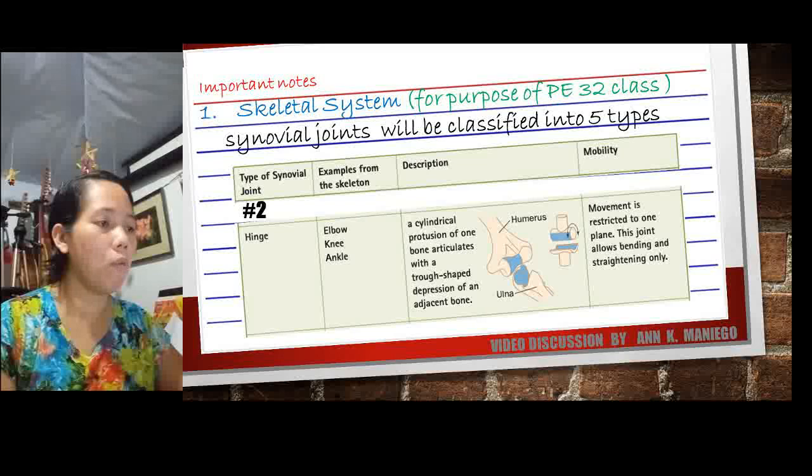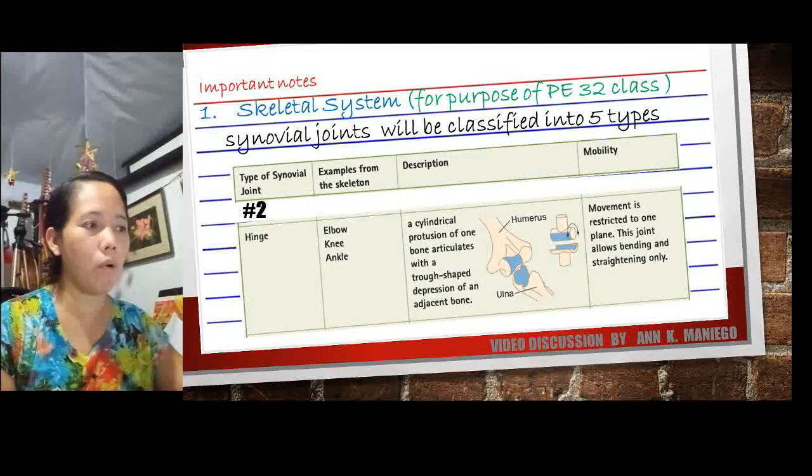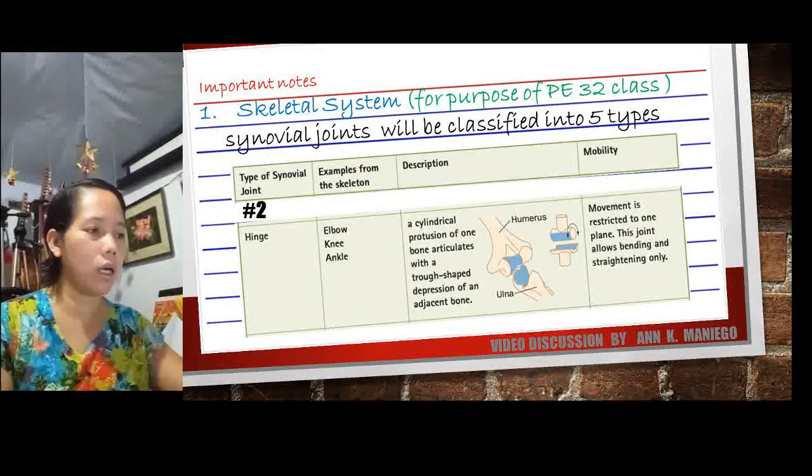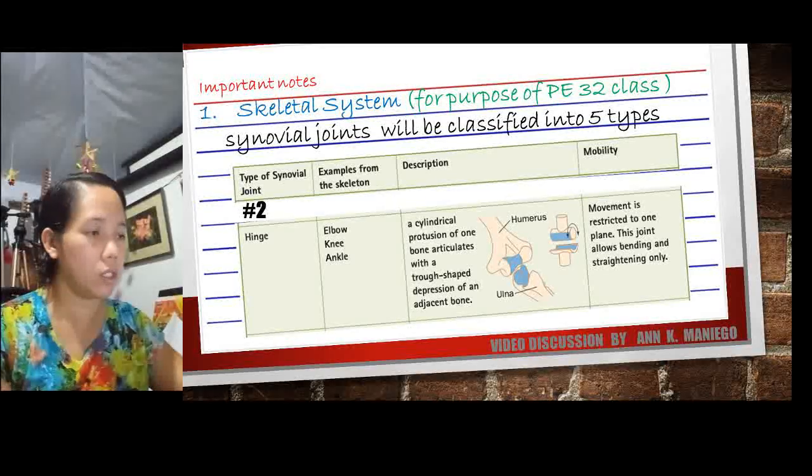And then ang iyang movement is not as free as the ball and socket. Movement is restricted to one plane, no, you cannot do it freely like the other one, no, restricted to one plane.